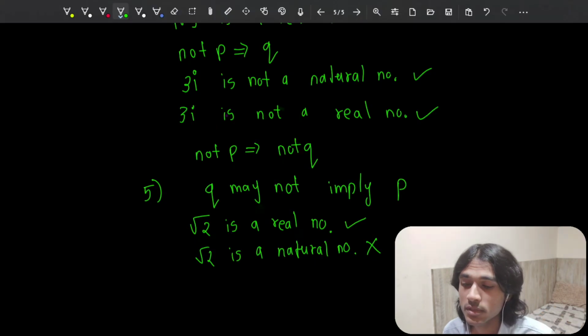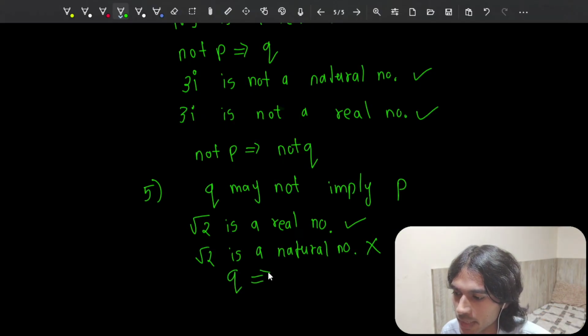I think it's 1.41 something. And obviously, it's not going to be a natural number because natural numbers are what we use for counting, like 1, 2, 3, 4, right? Nothing in between them. So this is not a natural number. So even though Q is right, it is not implying P, right? So this is what I mean, that Q may not imply P.